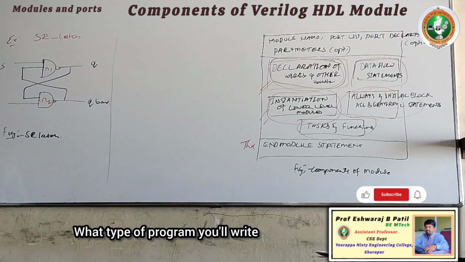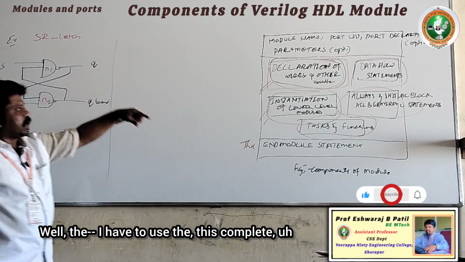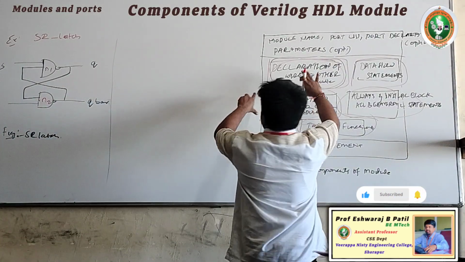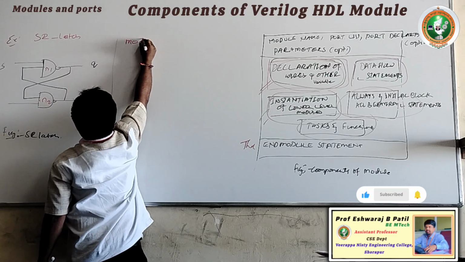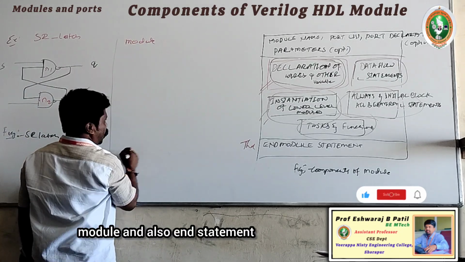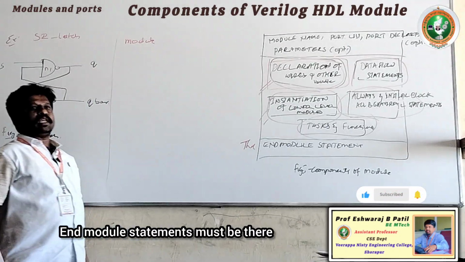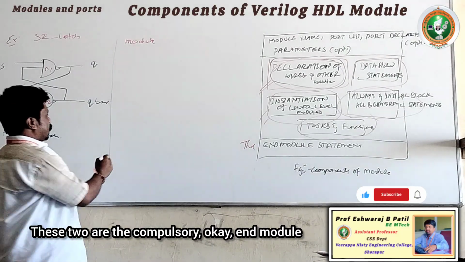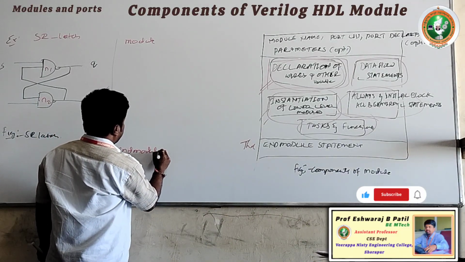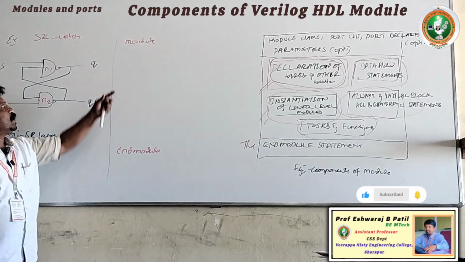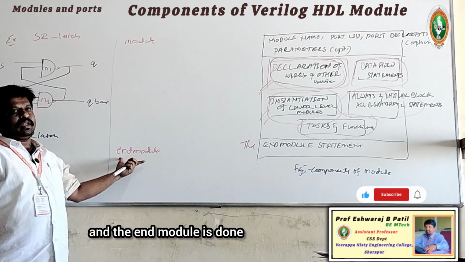What type of program will you write? Whatever I write, I don't need complete full blocks. Just the module and end module statements must be there. These two are compulsory.